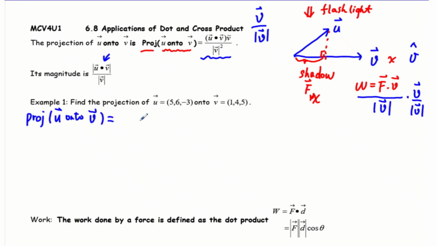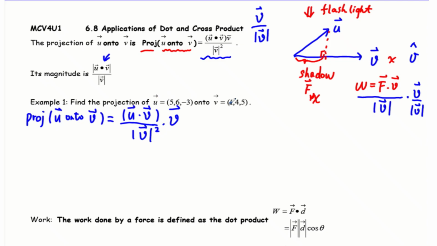Then we have u dot v over the magnitude of v squared, times the v vector.